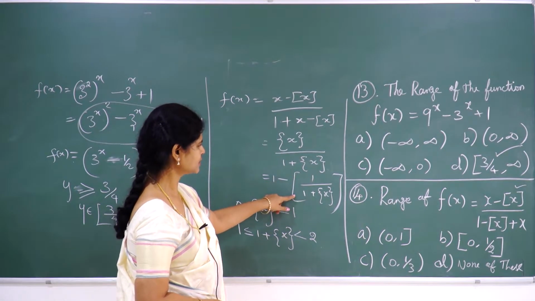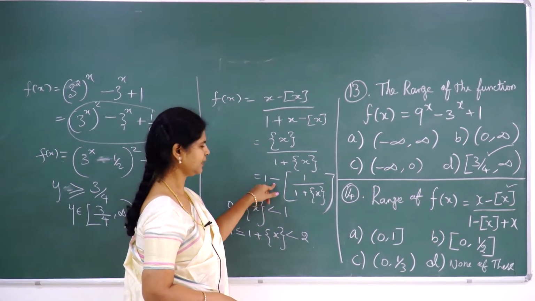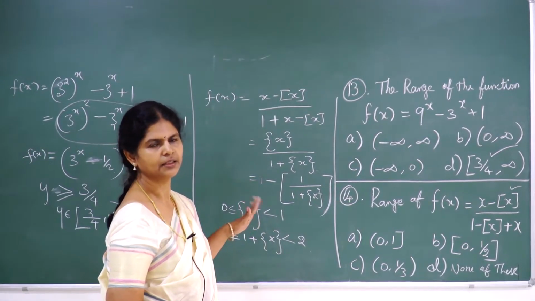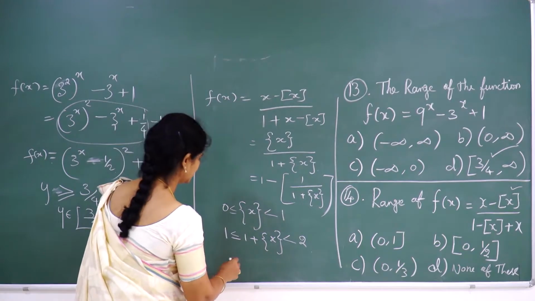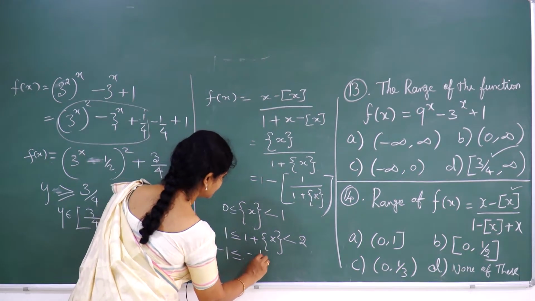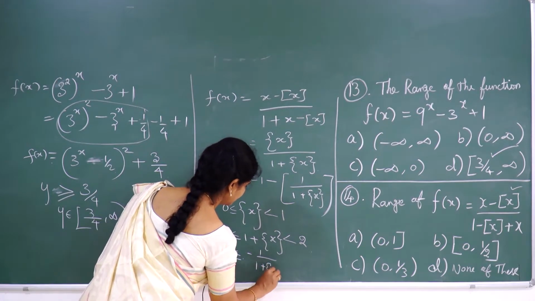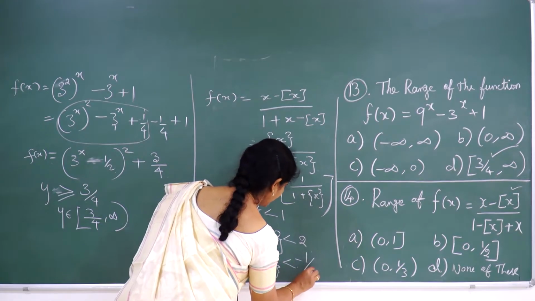When you reciprocate, the inequality changes, and when you multiply by minus, the inequality changes again. So you get minus 1 less than or equal to minus 1 by 1 plus fractional part, less than minus 1 by 2.